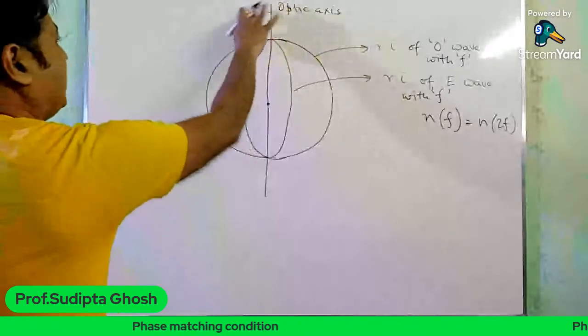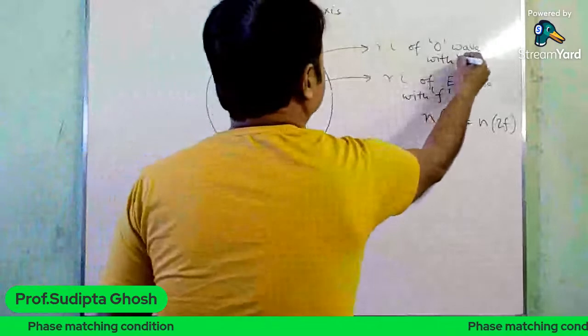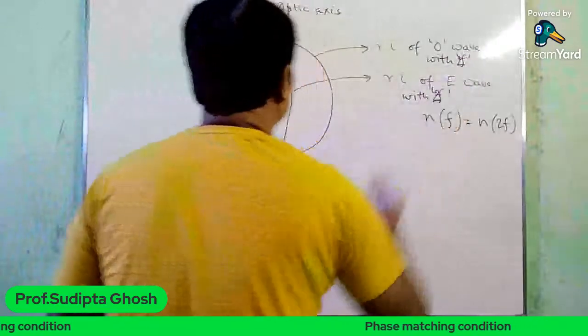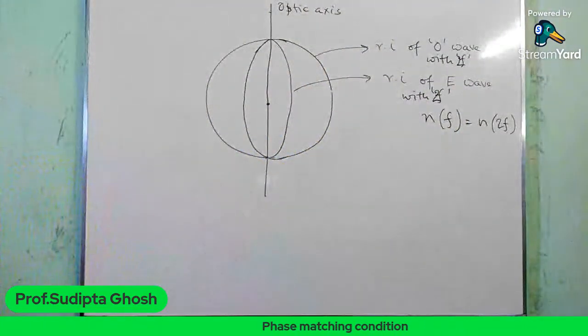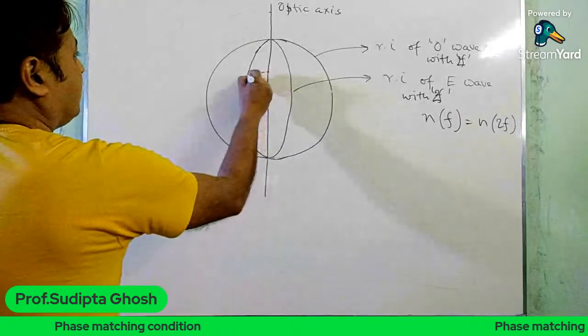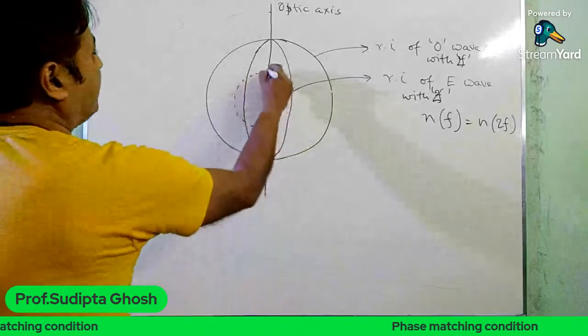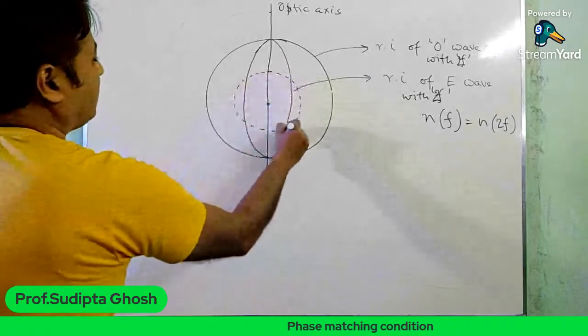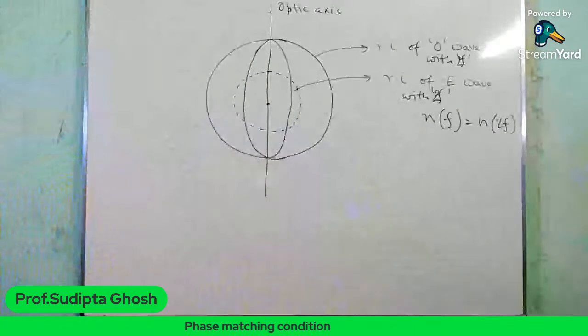I think it will be harder for me. So let these components be for 2F. So now I am going to draw the refractive index variation of the F wave, and for this, I am going to use dotted lines.